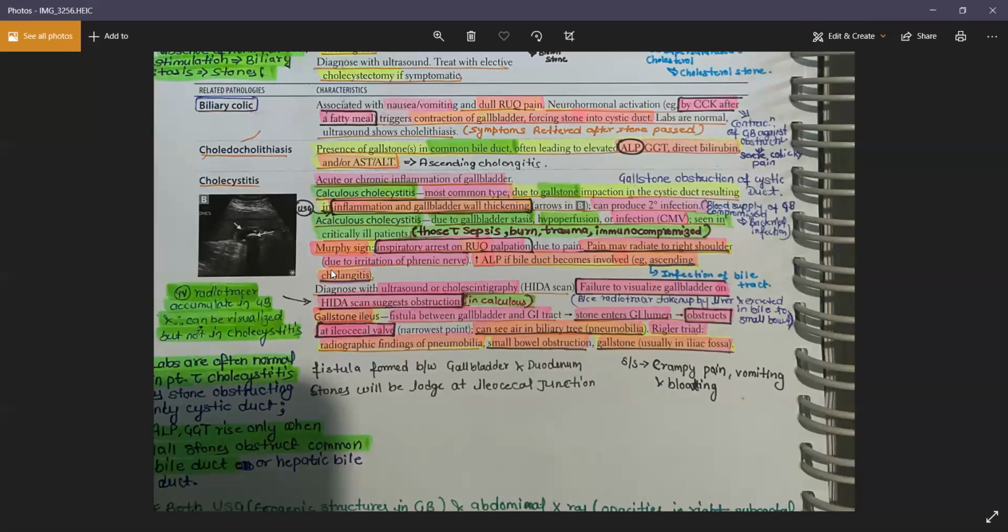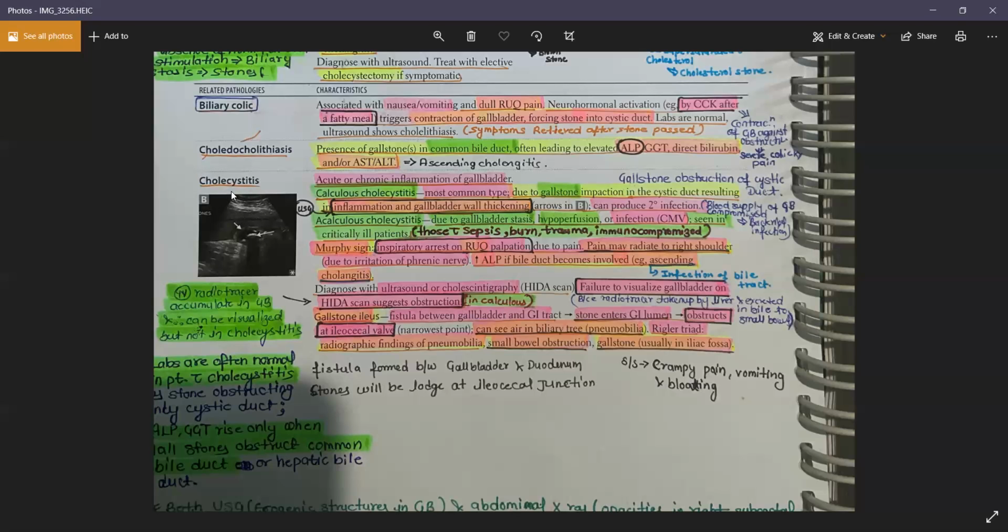And another thing would be the Murphy's sign. Okay, it happens because whenever you palpate the right upper quadrant of the patient, because of a very severe pain, they will get the inspiratory arrest. Okay, so whenever you encounter a patient having abdominal pain and you palpate the right upper quadrant and suddenly the patient is having a respiratory arrest, that means he is having a positive Murphy sign, the patient is having a cholecystitis.